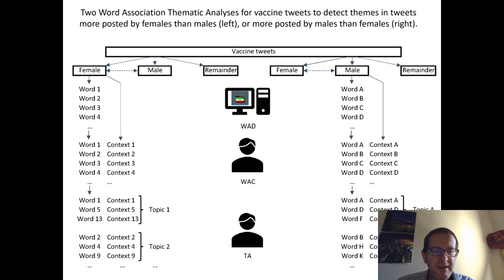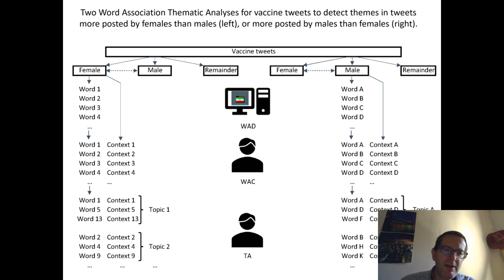So, big picture, to illustrate what it might look like if you're doing a word association thematic analysis and you're comparing two sets, in this case male and female. You would actually have to do two word association thematic analyses.